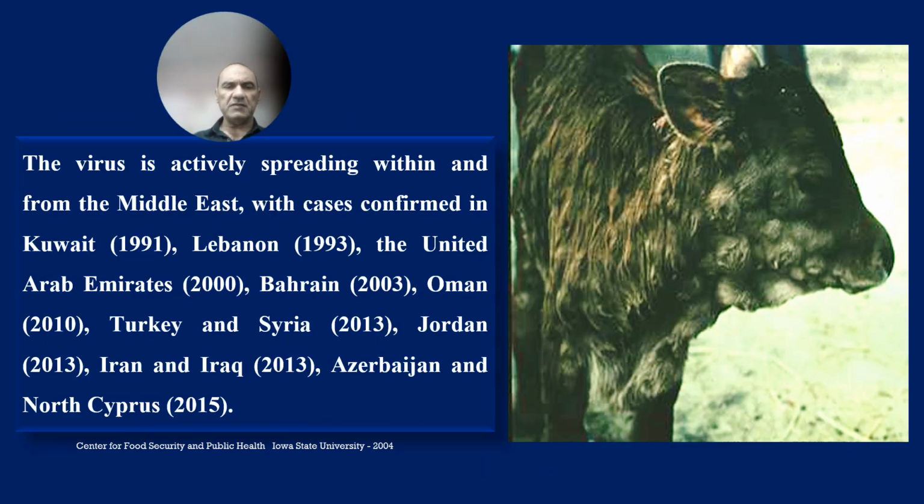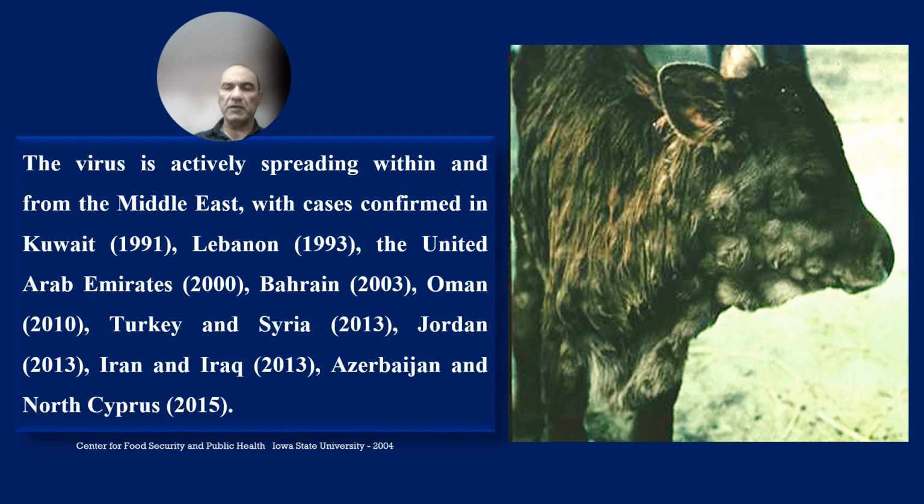Lumpy skin disease virus is actively spreading within and from the Middle East, with cases confirmed in Kuwait 1991, Lebanon 1993, United Arab Emirates at the beginning of the millennium, Kingdom of Bahrain 2003, Oman in 2010, Turkey and Syria in 2013, Jordan 2013, Iran and Iraq 2013, Azerbaijan and North Cyprus in 2015.